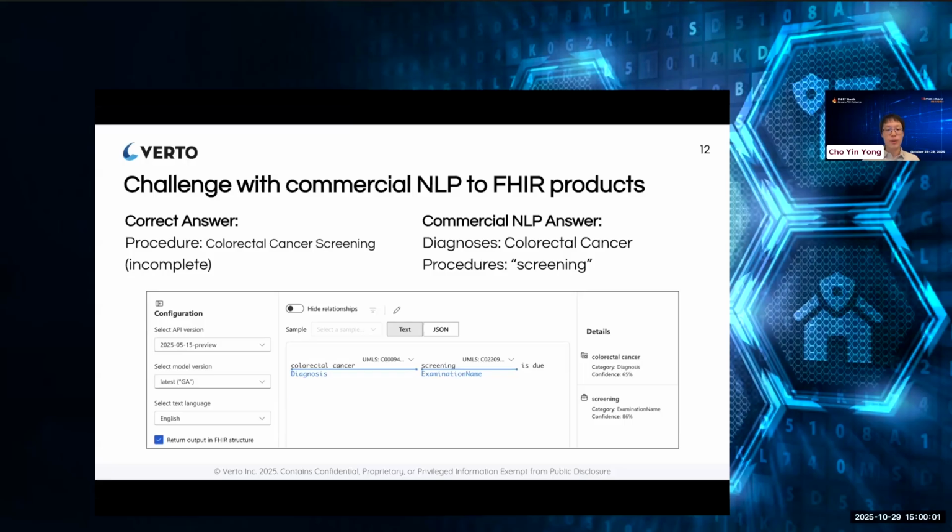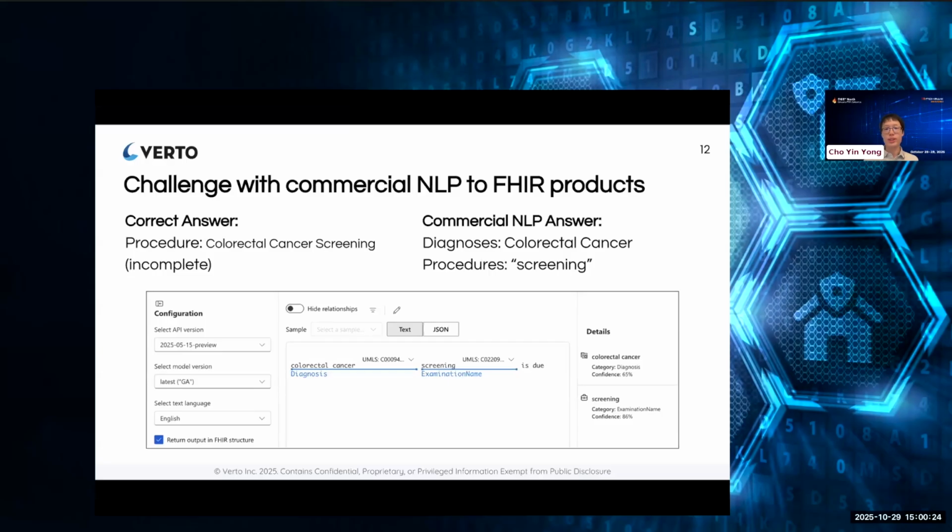So I did test this out, and I gave an example sentence, colorectal cancer screening is due. A very common sentence that you will see in primary care notes. And so if you take a look at what we expect, the correct answer is that colorectal cancer screening as a procedure is incomplete. It's not yet completed.